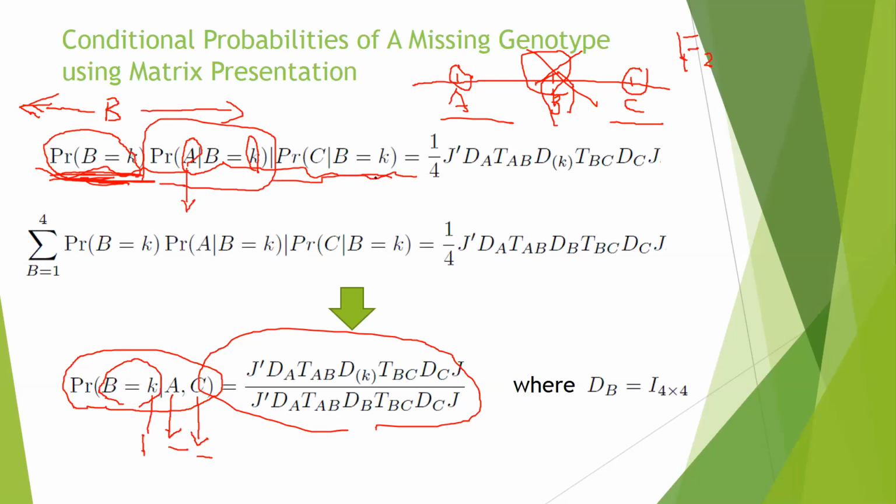And the right step: given B takes the genotype of K, what's the probability that C takes the observed genotype? We can use a very similar joint probability formula in matrix notation. The only difference is that we treat the missing locus as the starting point, so we can still use the same Markov chain probability.